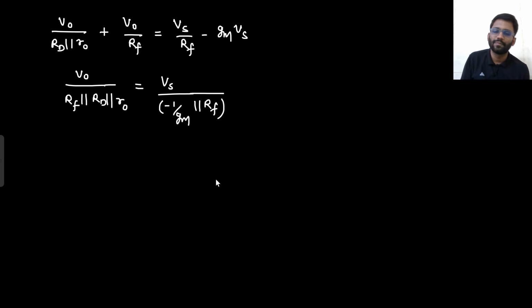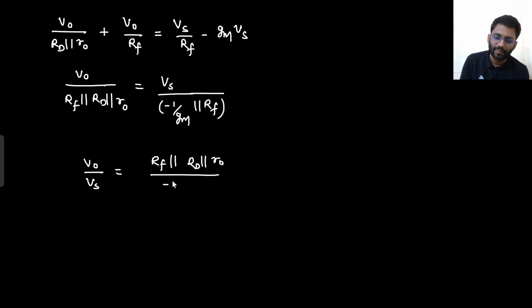Is that so? Minus 1 by Gm parallel with Rf. So what is your V0 by Vs now? That is Rf parallel with RD parallel with R0 over minus 1 by Gm parallel with Rf.